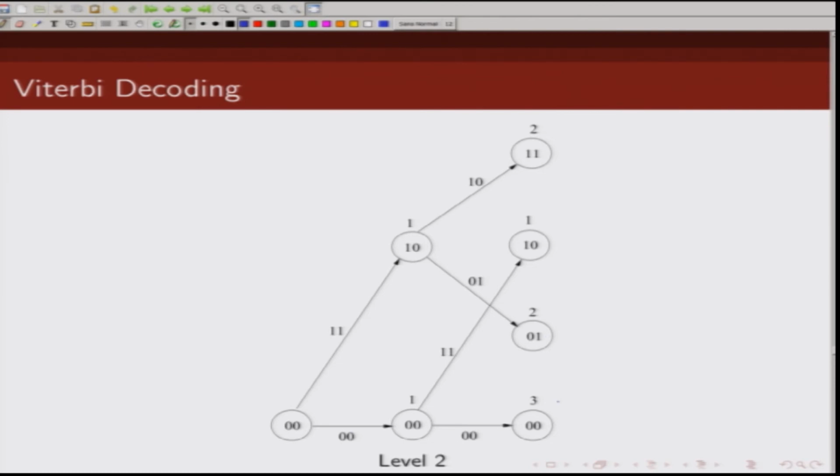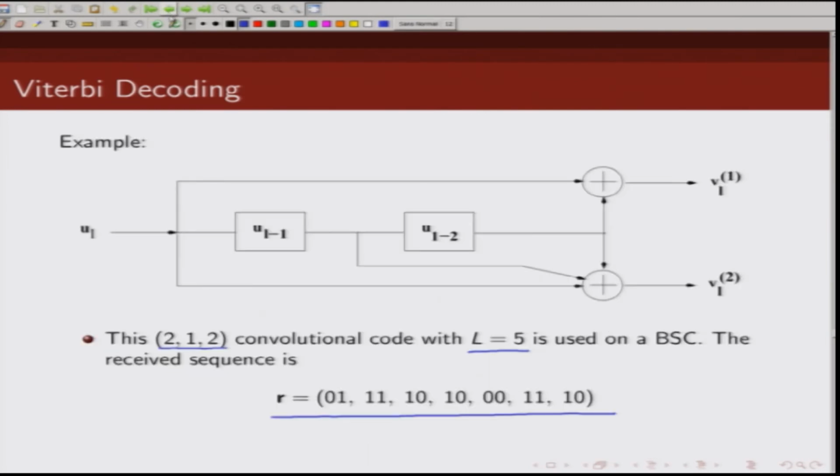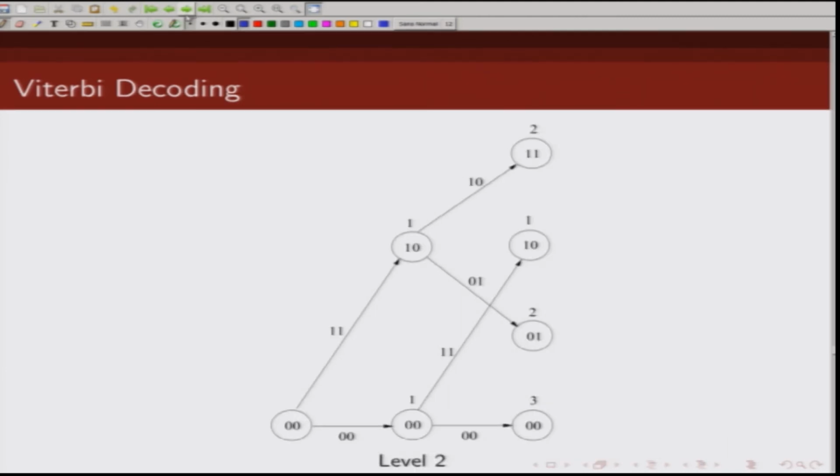Okay. Now, how do we compute these path metrics? Let us go back and see what our first 2 receive sequences were. It was 0 1 and 1 1. So, we had received here 0 1 and 1 1.